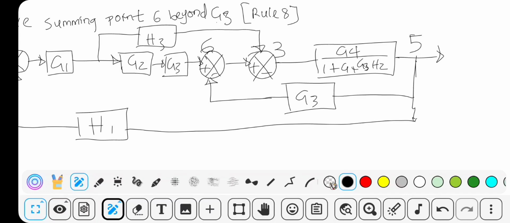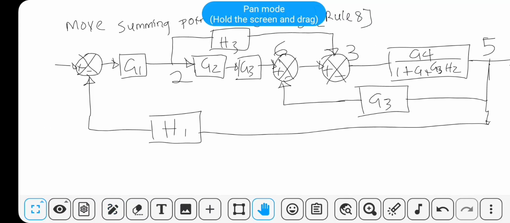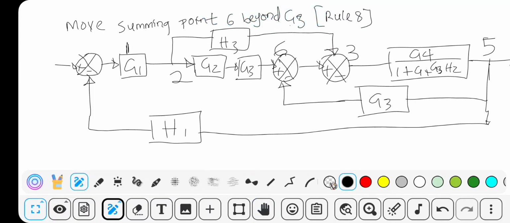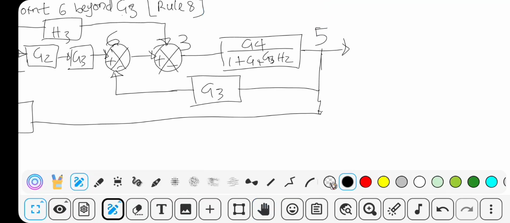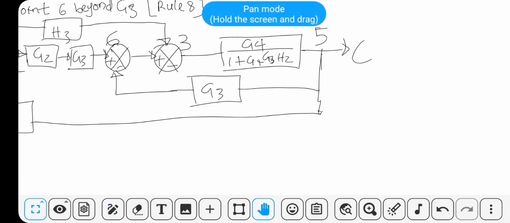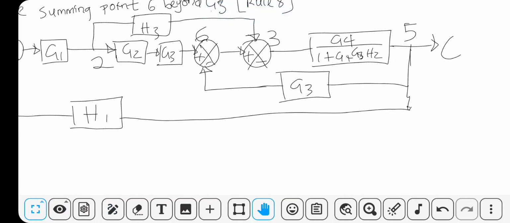This is summing point 3, this is summing point 2, and this is summing point 1. This is the input, and this is the output. So moving it, G3 will be added to the unity feedback loop. So it will no longer be unity but G3.